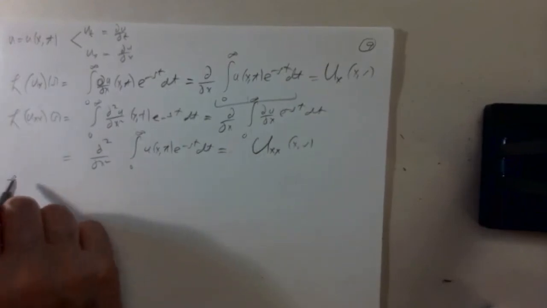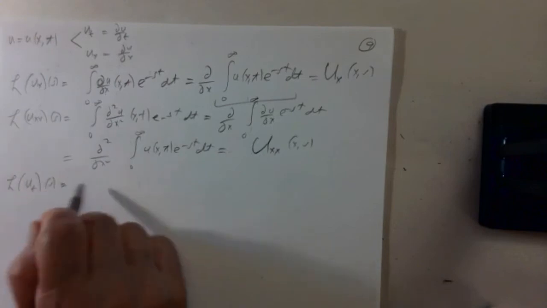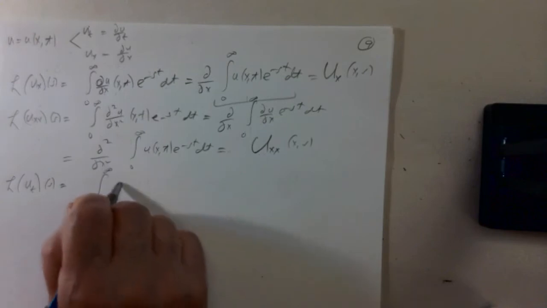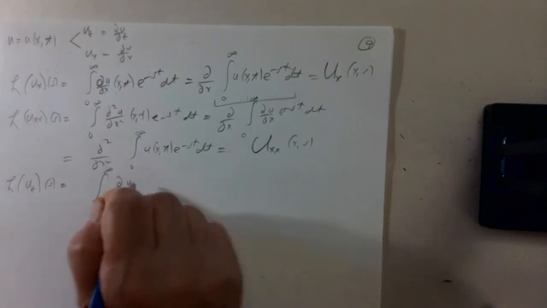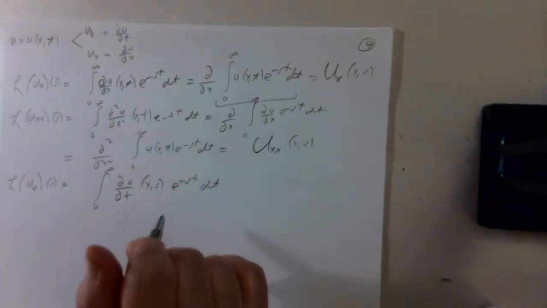It's different if you have the Laplace transform of the partial of u with respect to t. So that's the integral from 0 to infinity of the partial of u with respect to t, e to the minus st dt.